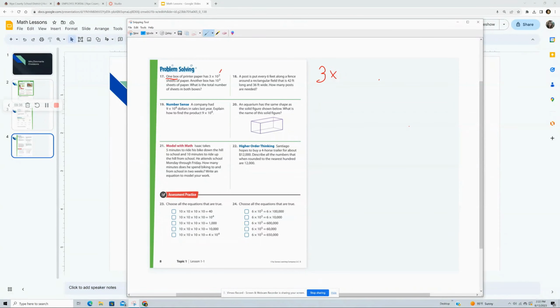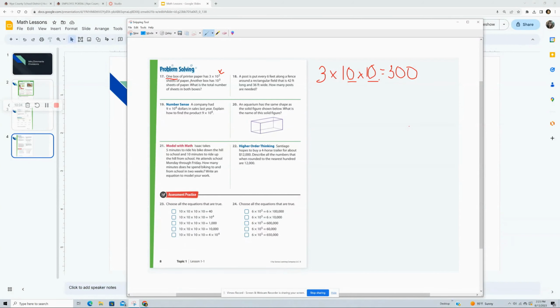Our exponent is going to represent how many times that factor is being multiplied. So we know that 10 is going to be multiplied twice. And our little trick, we know that our exponent and our zeros are going to match. So we know that the first box has 300 sheets of paper.